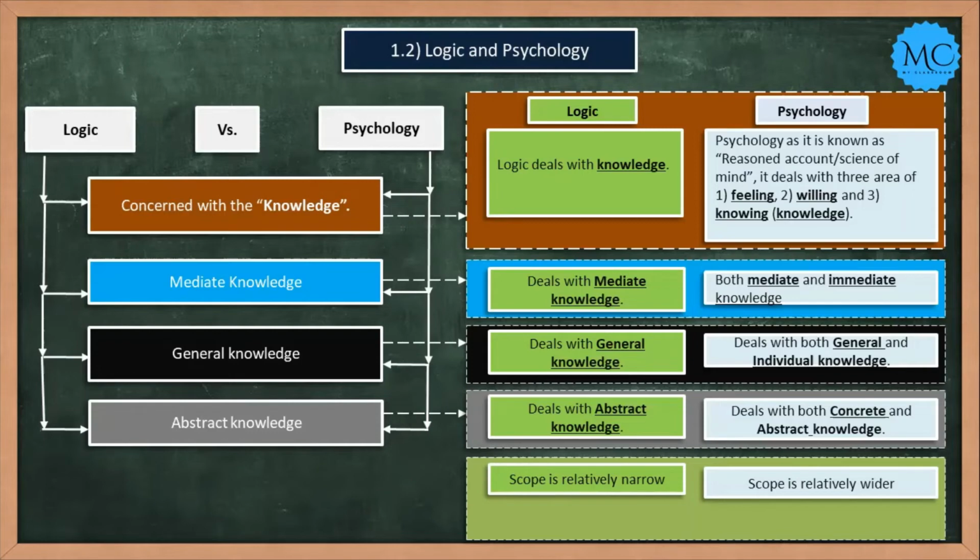So if you look at the right side column, psychology is dealing with more things than logic. So the scope of psychology is relatively wider, and the scope of logic is relatively narrow. Okay, move on.